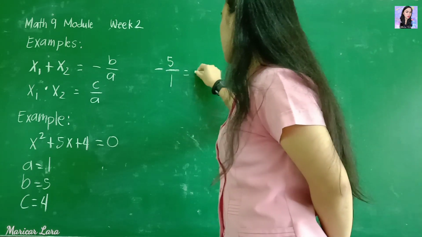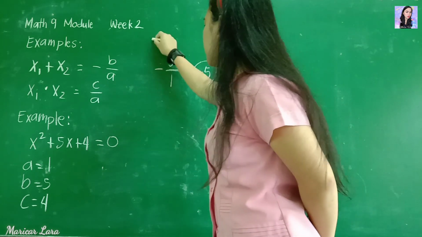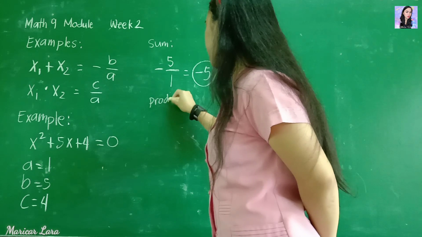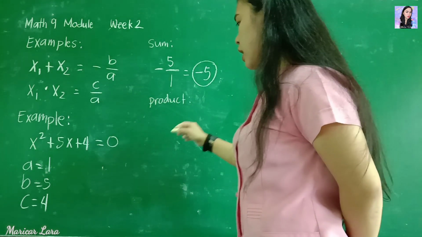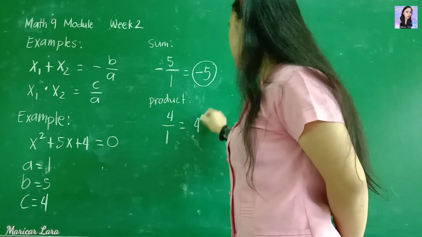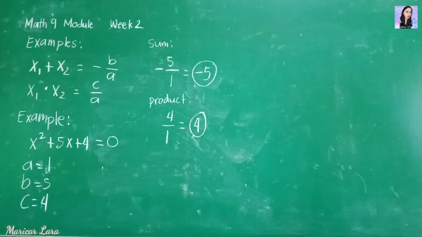So, the answer is negative 5. Doon naman sa product, ito ang gagamitin natin, C over A. So, ang ating C ay 4 over 1 equals 4. Therefore, our sum is negative 5 and our product is positive 4.